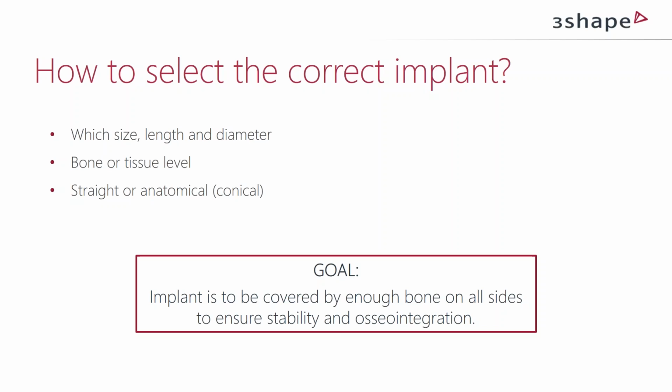The overall goal is to see to it that the implant is covered with enough bone on all sides. This is important so we can ensure stability and also a good osseointegration.